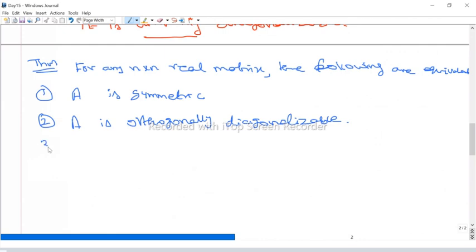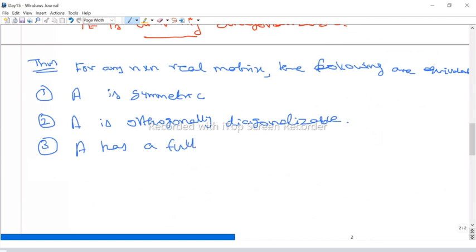And then the columns or rows are orthogonal vectors. Not only this, if A is an n by n matrix, there are n vectors, right? You can look at the column vectors or row vectors.